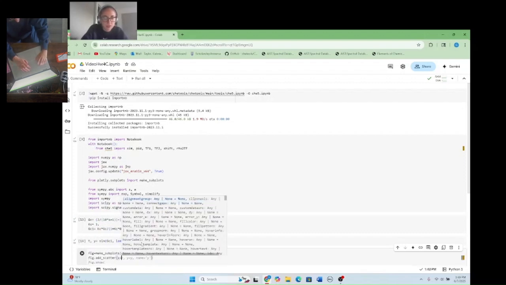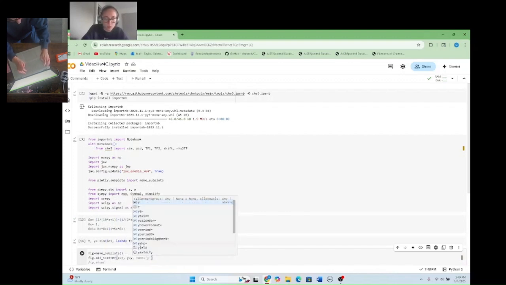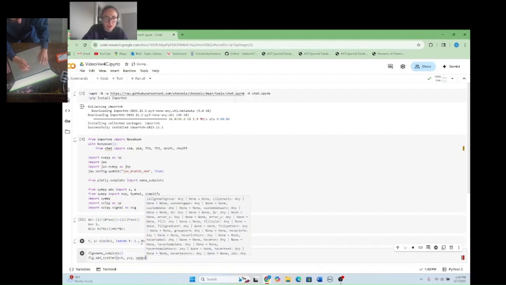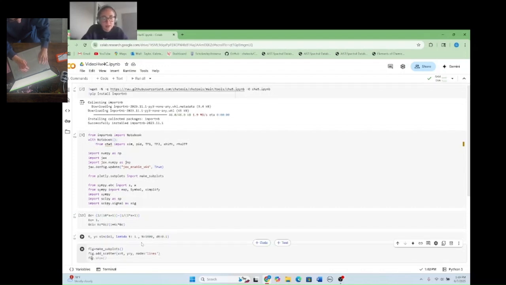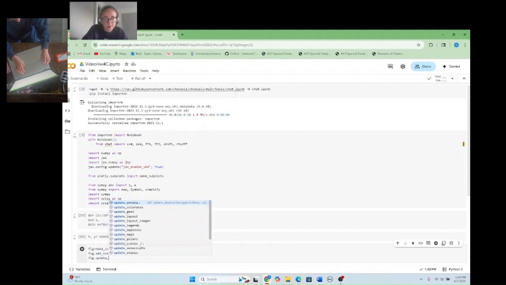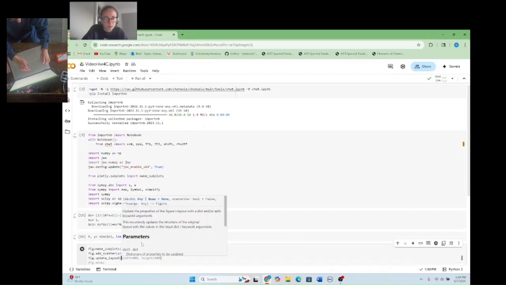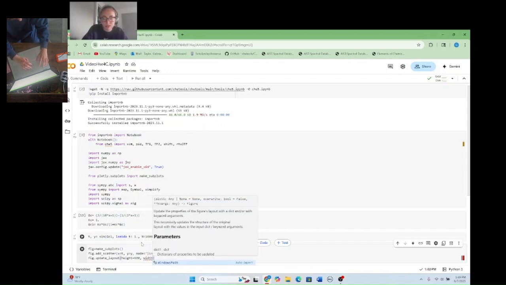So x is going to equal our t, our y is going to equal our y, and then our mode is going to equal our line. And then let's just update our layout. So the height is 100, width is 600.